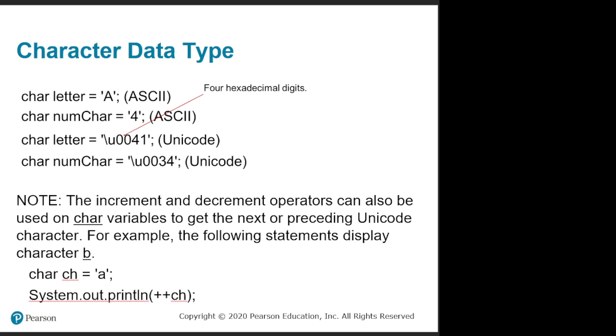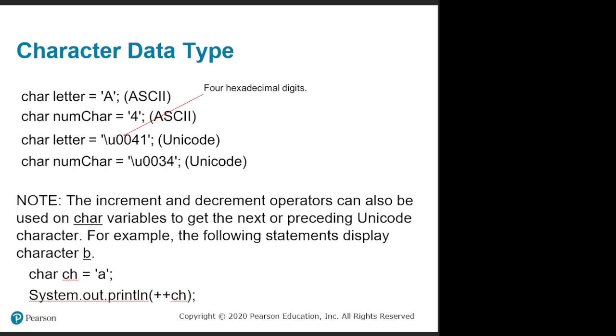We're going to introduce a new data type, and it's called the character data type. I usually, when I say integer, say int because we write int. For the character data type, we use char.